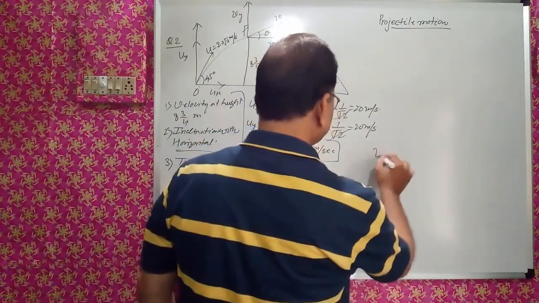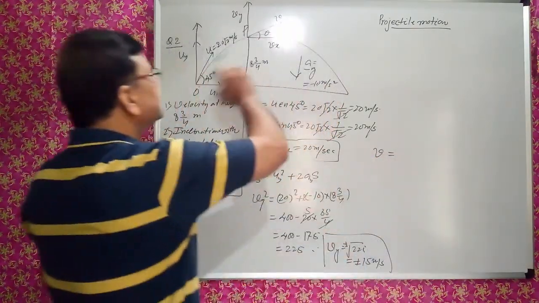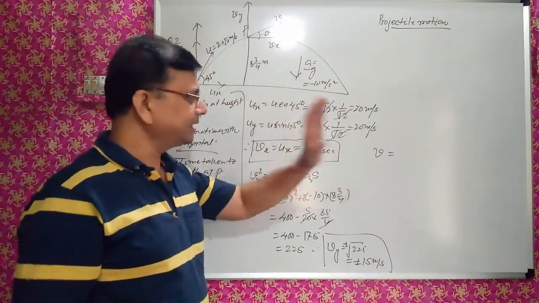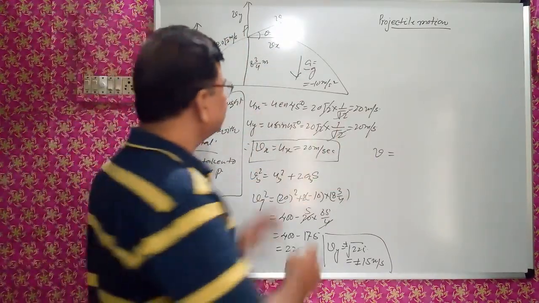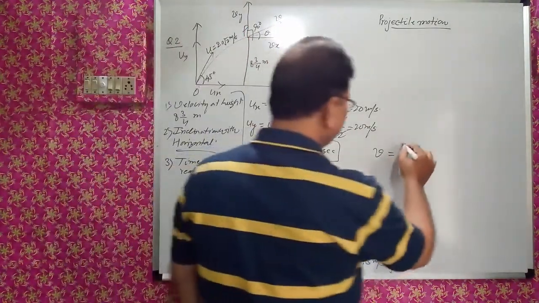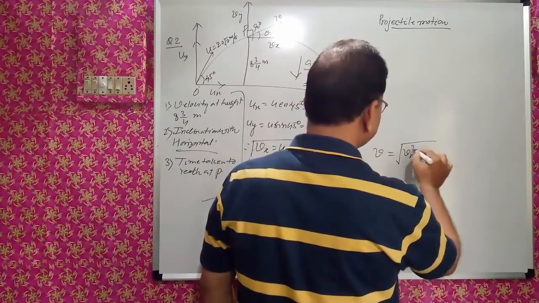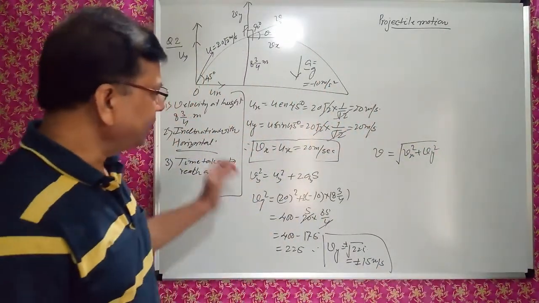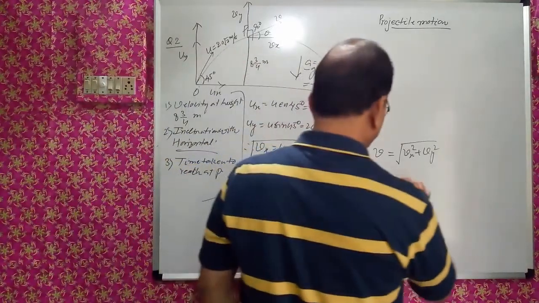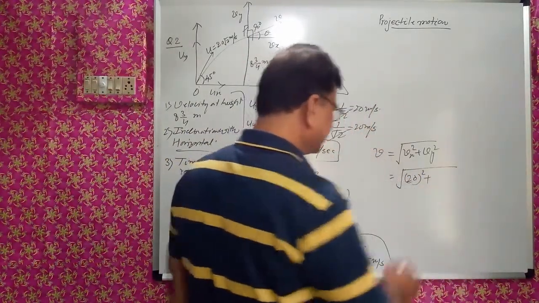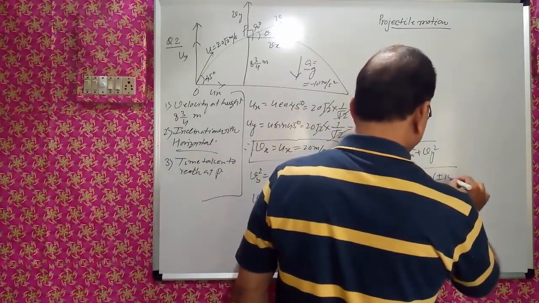So what is V? V means resultant of Vx and Vy. Since this angle is 90 degree, therefore V is equal to under root of Vx square plus Vy square. We can take like this. Vx is 20 square plus this is plus minus 15 square.